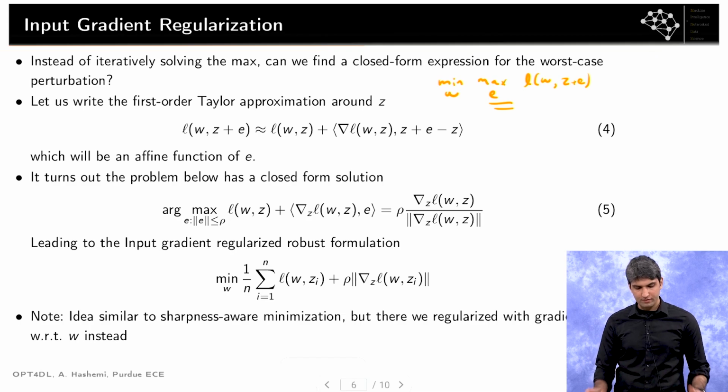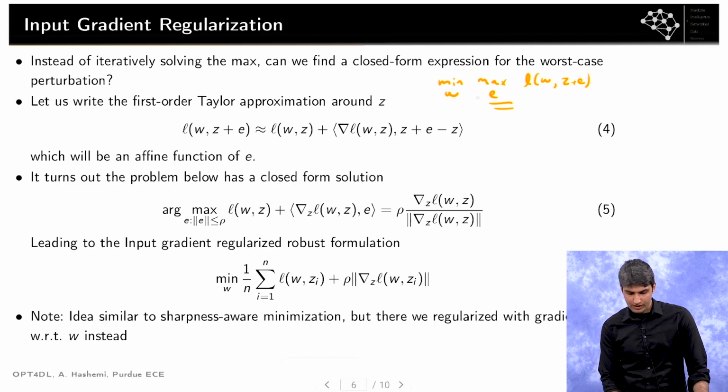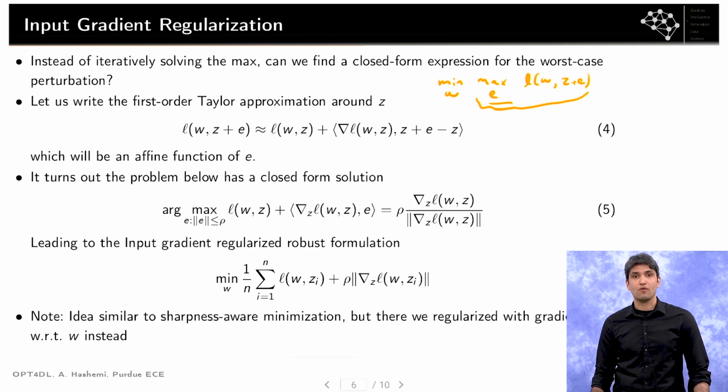Instead of iteratively solving the maximum, is it possible to actually find a closed form expression for the inner maximization, perhaps under some simplifying assumptions? And then after we do that, we're going to go back to the simple case where we are minimizing some loss with respect to W only.